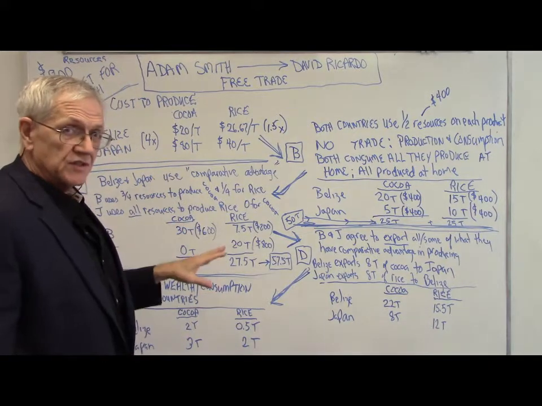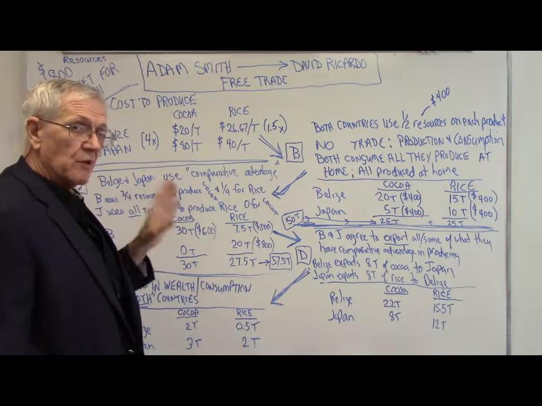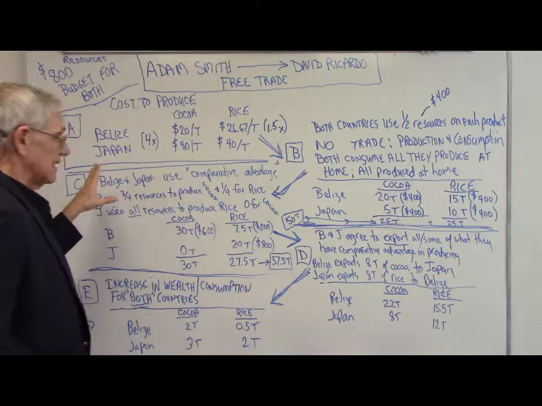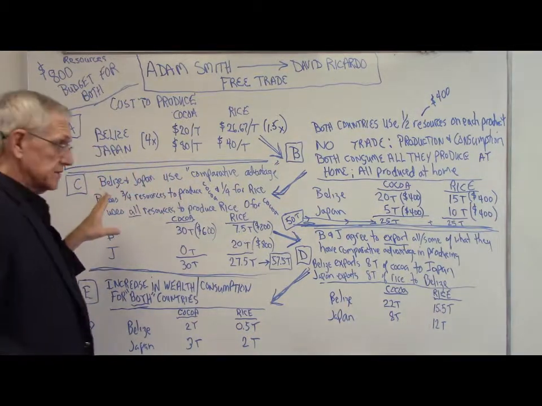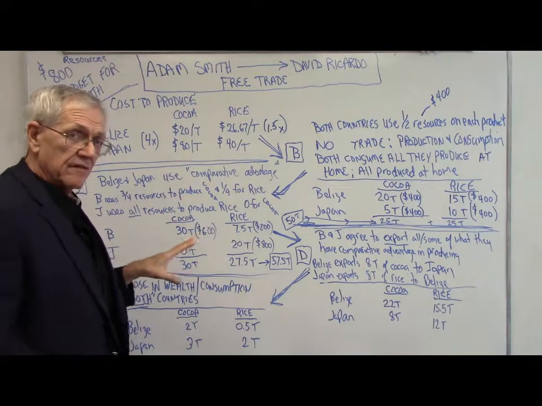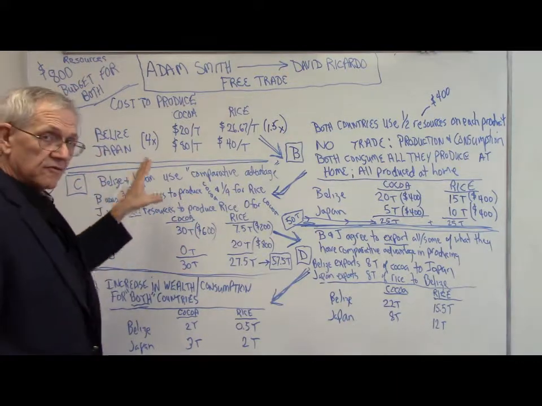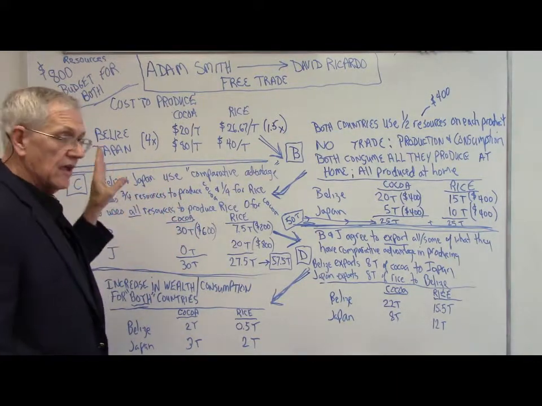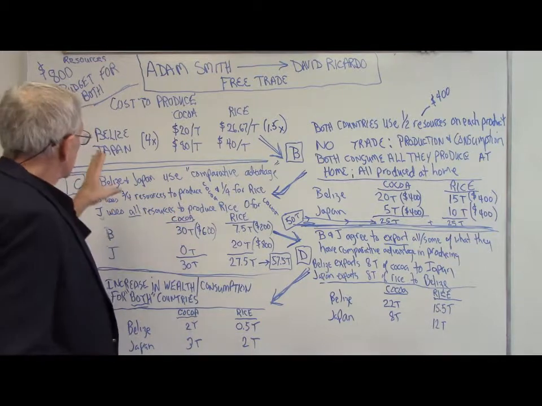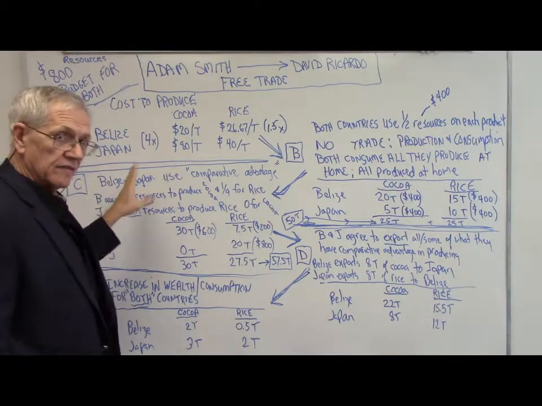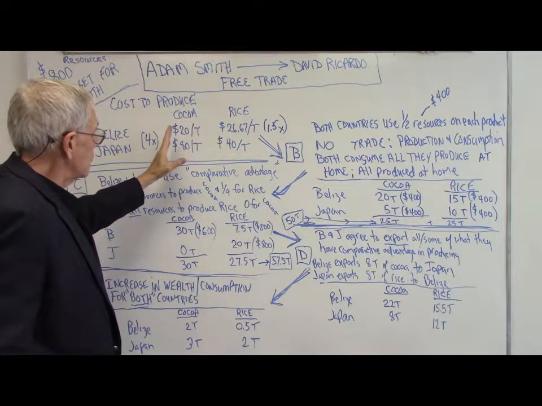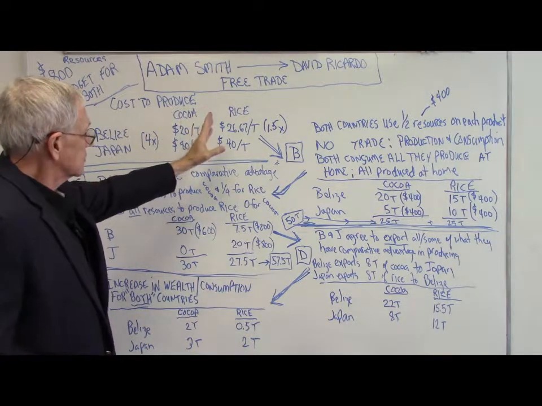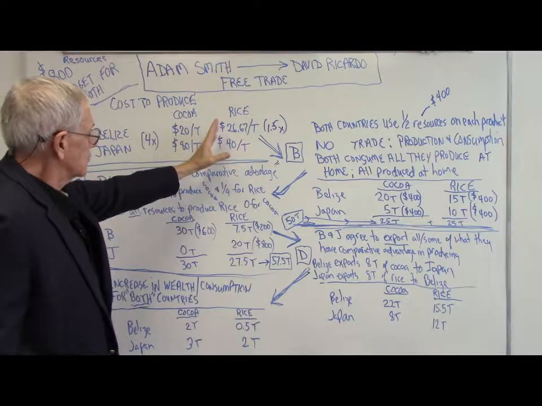Because in this situation, he's going to show that both countries, even though Japan is less efficient at both items, are going to benefit from engaging in trade if they exploit Belize's comparative advantage, what it can produce cocoa at versus the cost that it can produce rice at.